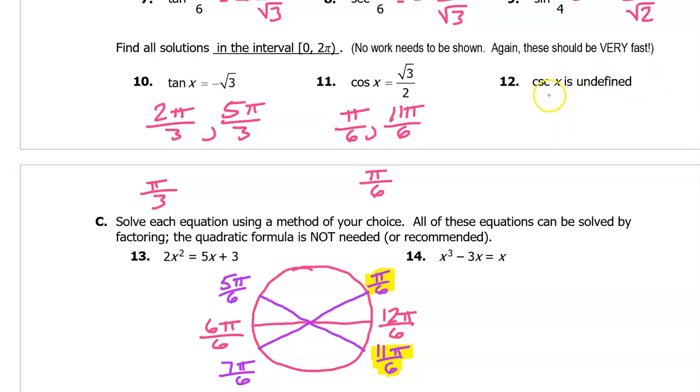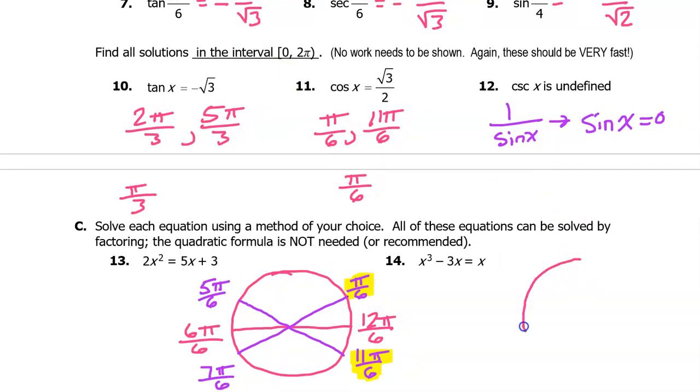When we ask ourselves, where is cosecant of x undefined? You should start by remembering that cosecant is the reciprocal of sine. So this will be undefined when the denominator is equal to 0. So this is an indirect way of asking where is sine x equal to 0.